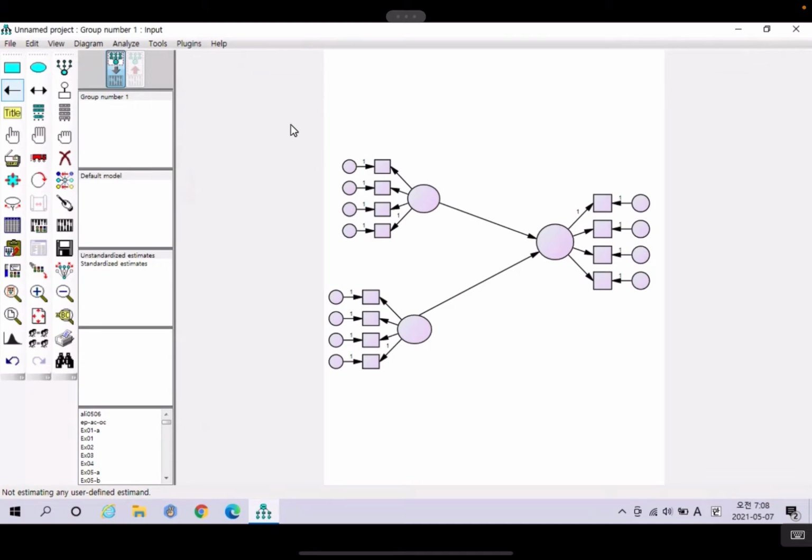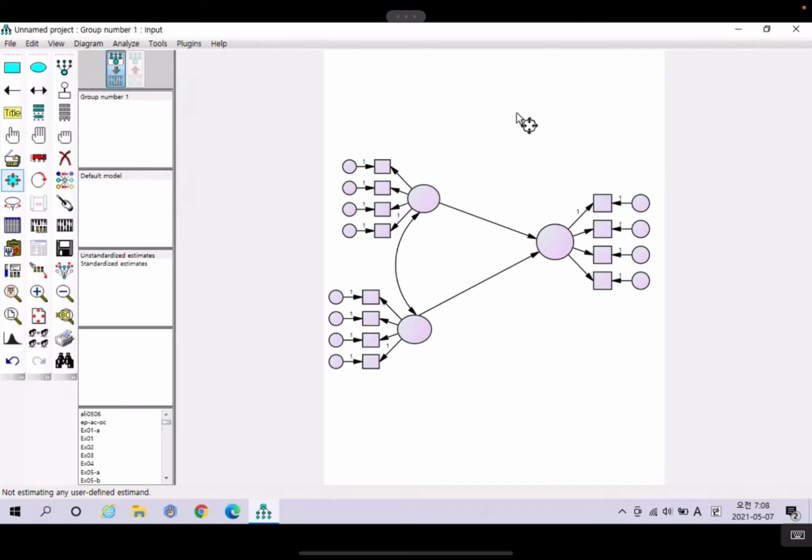And if there is a correlation between the latent variables, you click this one and you connect these latent variables, right? If you want to change the direction, you click this one and you change the direction, right?